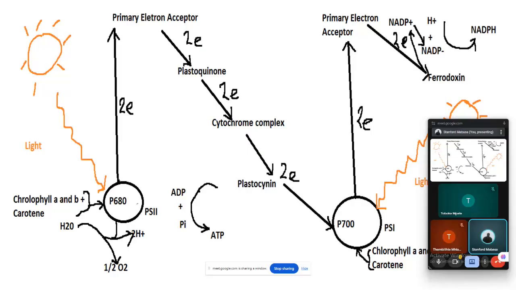So the electrons in between that area are stopped from flowing, which means everything down is actually affected. So that is the place which is blocked by atrazine or triazine.